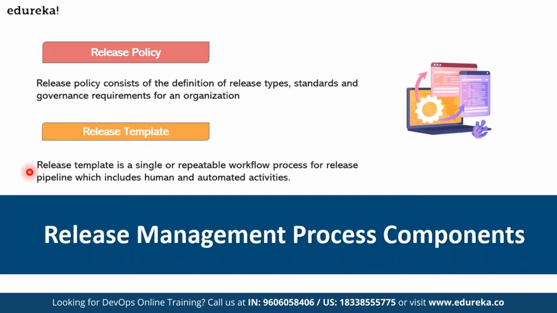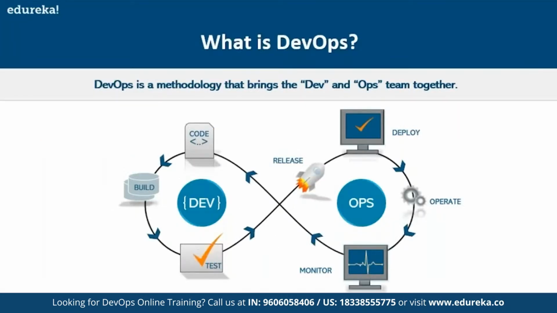Release template. The release template is a single or repeatable workflow process for the release pipeline, which includes human and automated activities. Here, if you look at this figure again, you will observe that many steps can be either automated or made manual. For example, once a code is built, should the testing happen automatically?